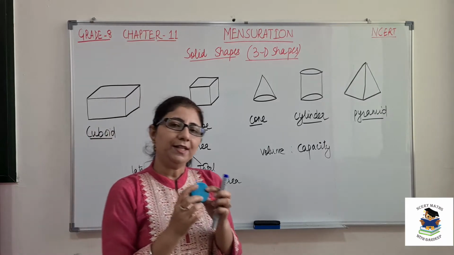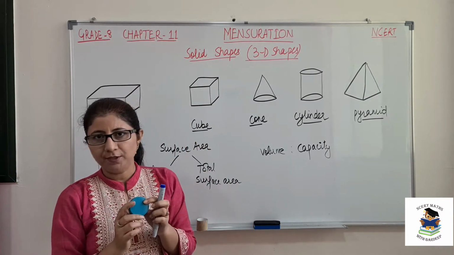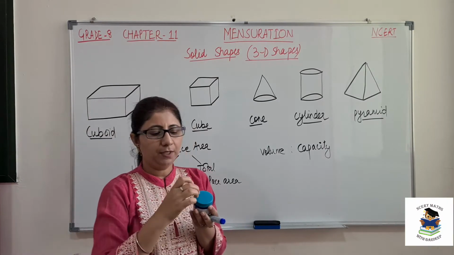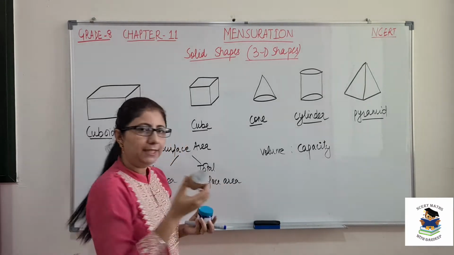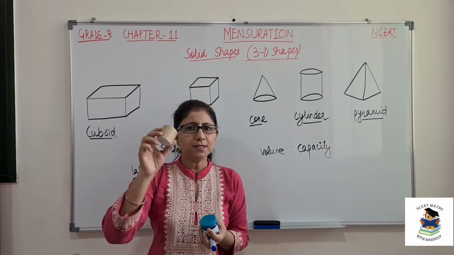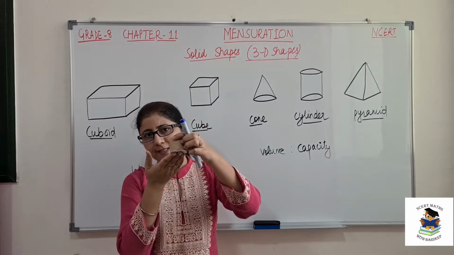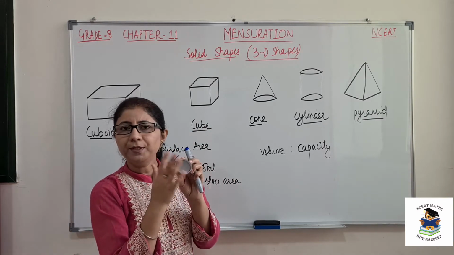In a question they will tell us whether it is a closed cylindrical tank or an open cylindrical tank. Open means the base is there but it is open from the top. For example, this thing. See, this is again a cylinder because we have this base as a circle, this top as a circle, but this top is open.